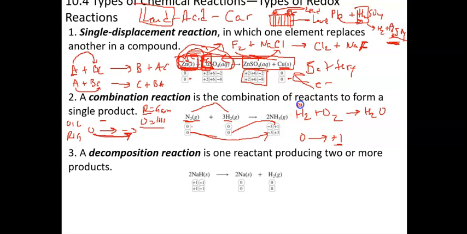0, right, because it's in the elemental state. How about the oxygen, the O2? It's also 0. What's the charge on the hydrogen over here? Hydrogen becomes a monatomic ion. What charge does hydrogen always form?